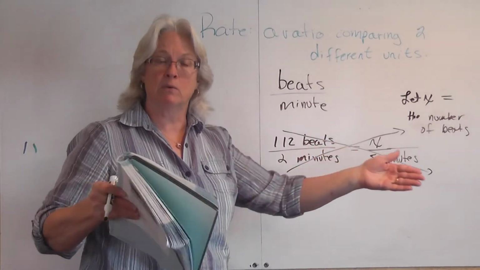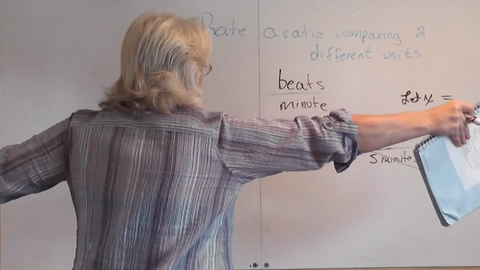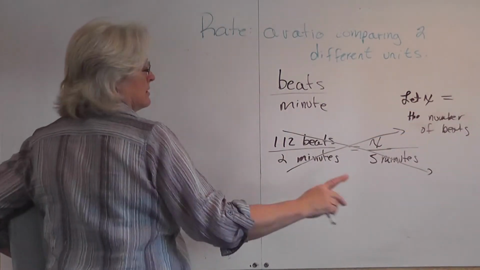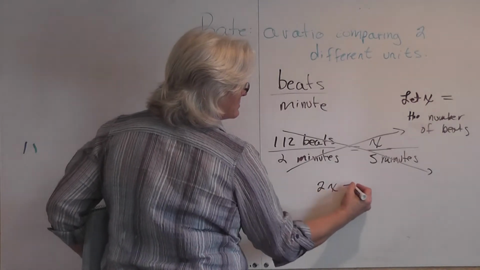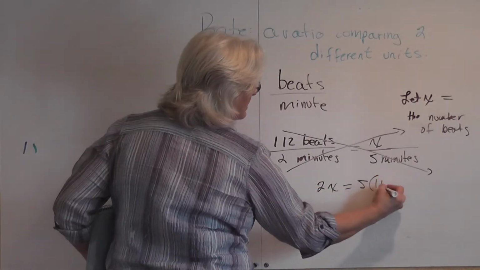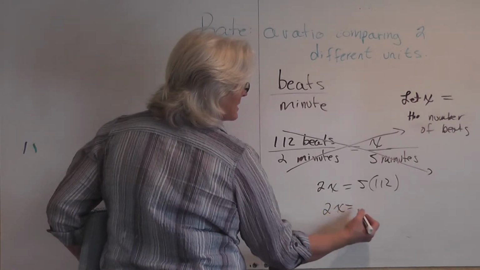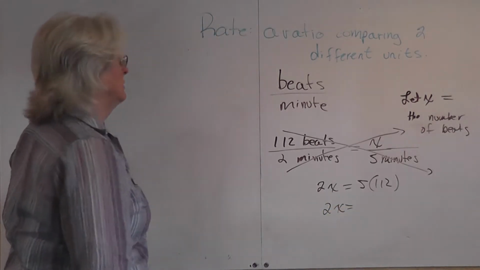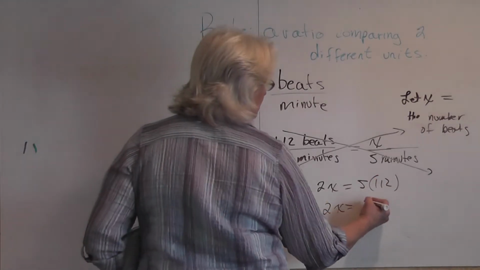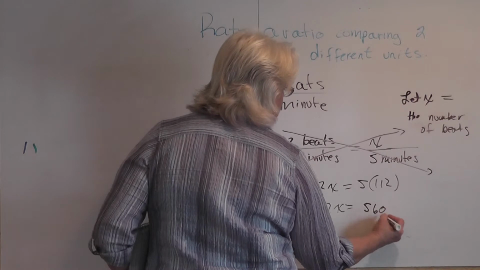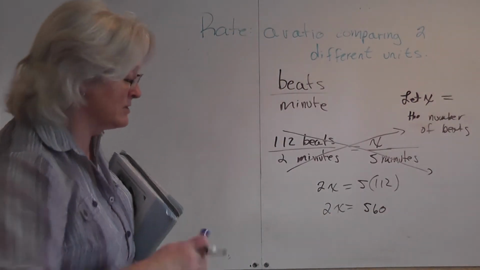Because we have an equal sign, we can look at the equation backwards, so it doesn't matter which one comes first. 2 times x is equal to 5 times 112, which would be 560. What are we going to do now to solve this?